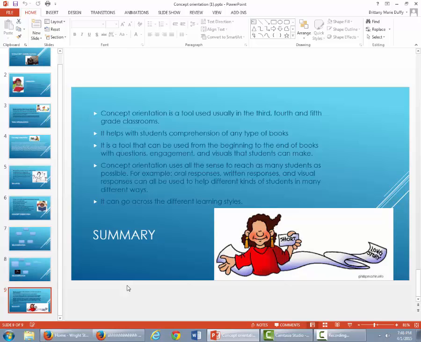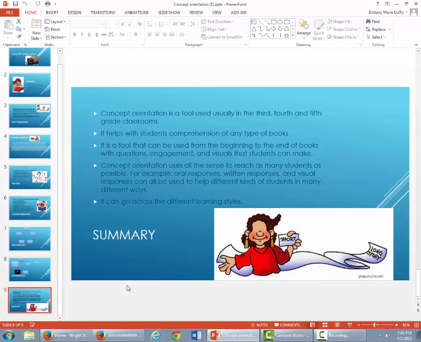So if one student learns better orally, hearing it, then you can have the teacher reading part of the book, you can have them reading aloud part of the book, you can have the class take turns reading aloud part of the book, so that then they remember more because they're orally hearing it. Or written responses, so they're reading the book and they're writing about it.